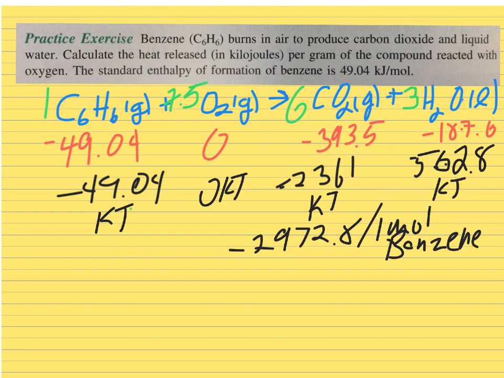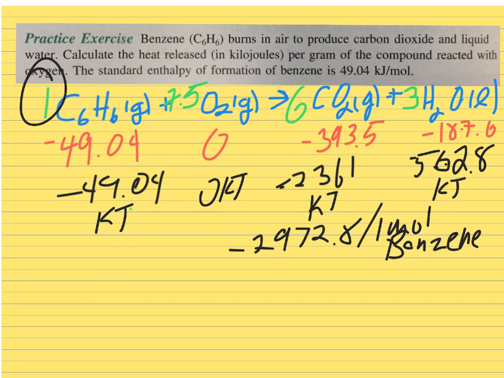So that's the amount of energy. Why? Because I'm considering benzene here. If I was saying, well, on a per mole basis for oxygen, I would then use that same number, but put it over 7.5 moles of oxygen. So it is kind of important when you go back to your original problem and say, hey, based on how many moles of what I started with, because you use that as a multiplier.